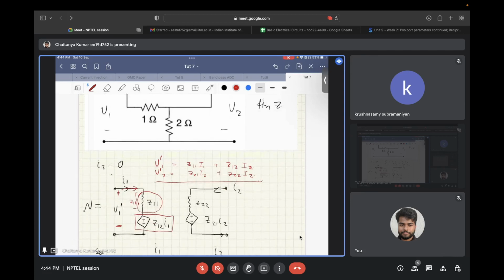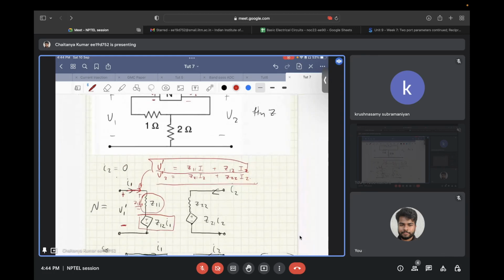Now, this equation can be written in circuit form as mentioned over here. If a current I1 flows in this branch, there will be a voltage of Z11 times I1 developed across this impedance, and due to the current flowing in the other port, that is I2, a voltage of Z12 times I2 has to be added to whatever voltage was initially developed.